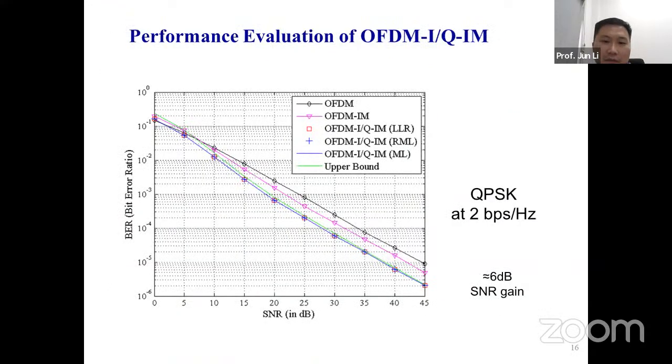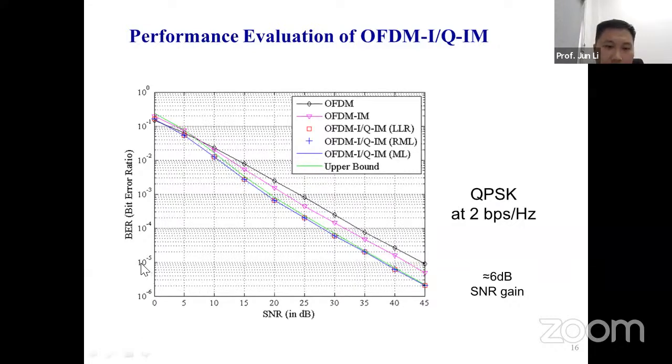Okay, here the blue line and the green line have a better performance than the purple line and the black line, right? That means the OFDM-IQ-IM will have better performance than the OFDM-IM and the OFDM.